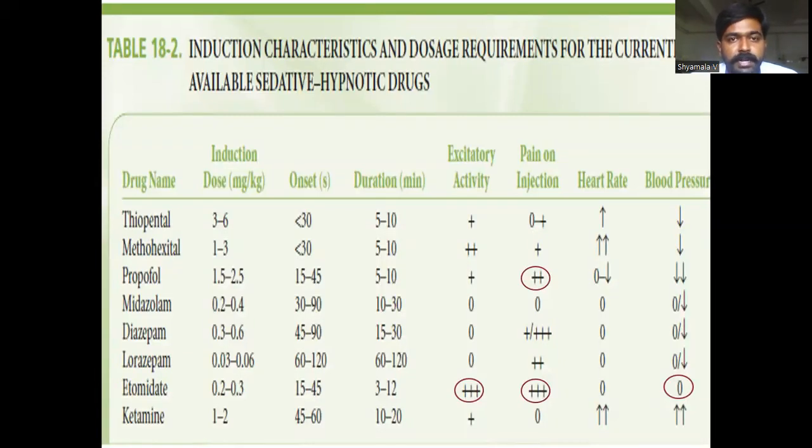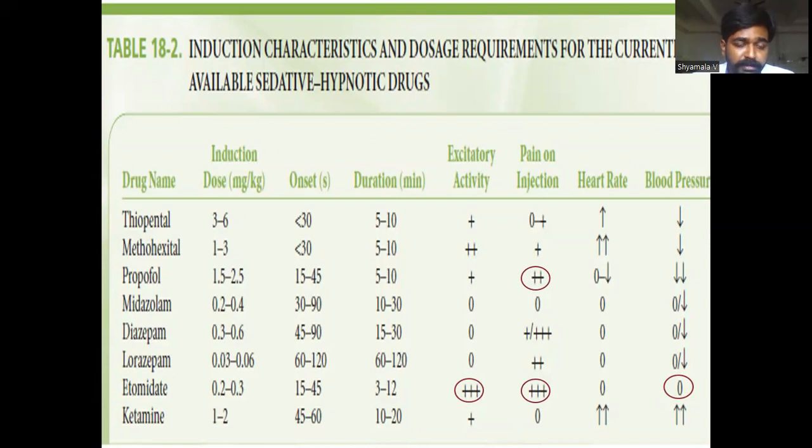So in induction, the characteristics and procedure requirements of current-level sedative or hypnotic drugs. Mainly you should know the dosage for thiopentone, propofol, ketamine, midazolam, and etomidate. Midazolam 0.2 to 0.4 mg per kg.